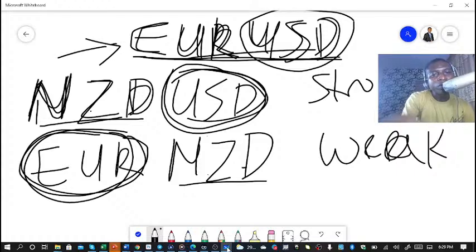If the dollar is strong against the currency, and that weak currency is strong against the euro, which means the euro is even weaker than the weak currency compared to the dollar. So the dollar is stronger than the two currencies both. You get? So the euro is weaker compared to the New Zealand dollar when paired with the US dollar.